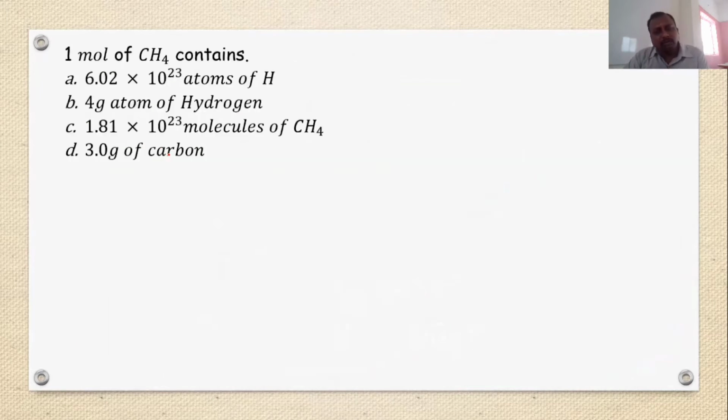So now we go to discuss the problems related to the mole concept. See the first question. 1 mole of CH4 contains.